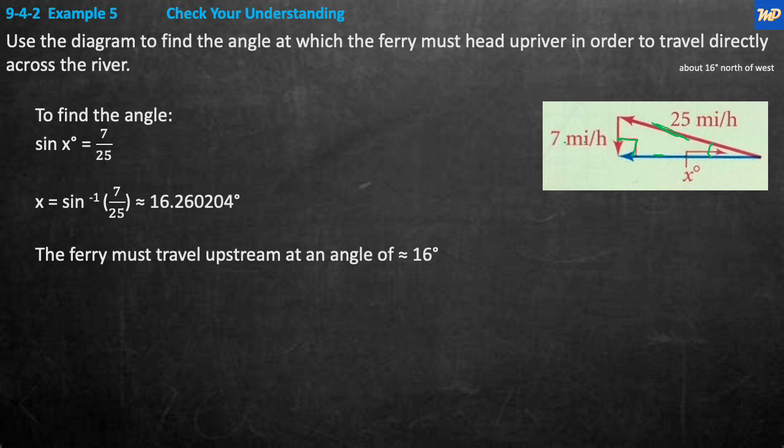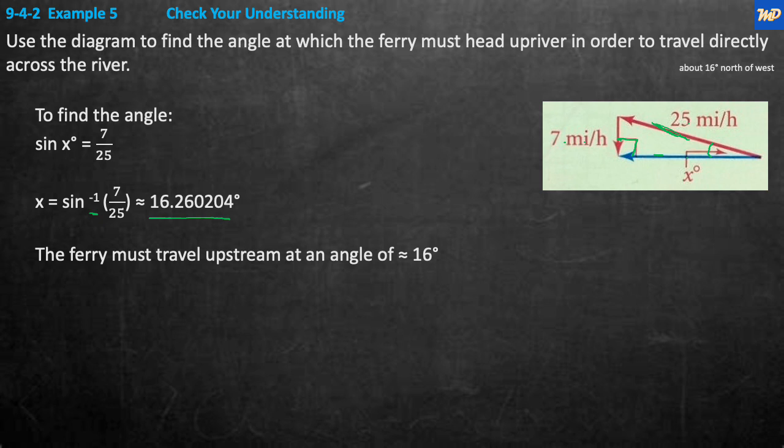But we want to find x. We don't know x. So they're giving us what the sine of x is. We want to take the sine and figure out what the angle is. So you have to solve for x. So x equals the inverse sine of 7 over 25.